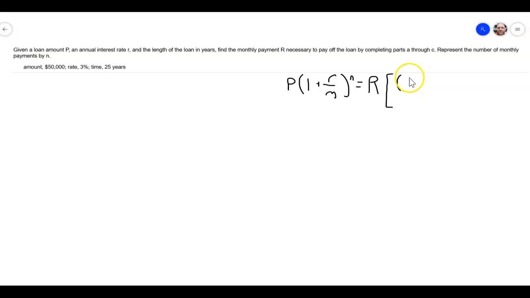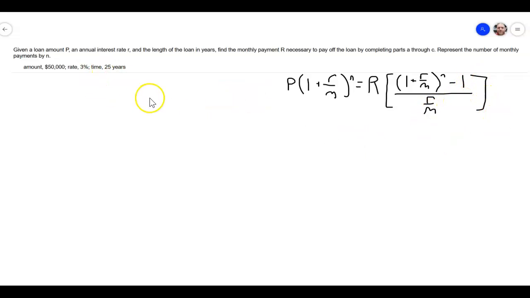It's going to look like this: 1 plus R over M raised to the N minus 1, all over R over M, like this.